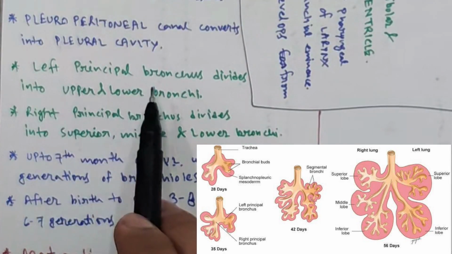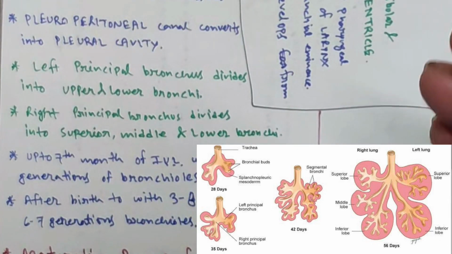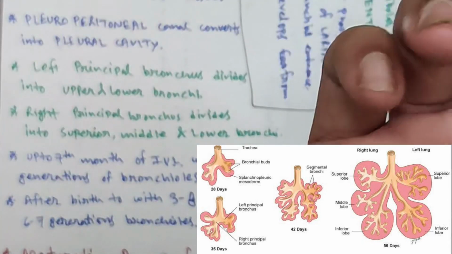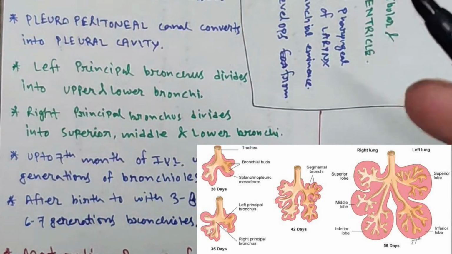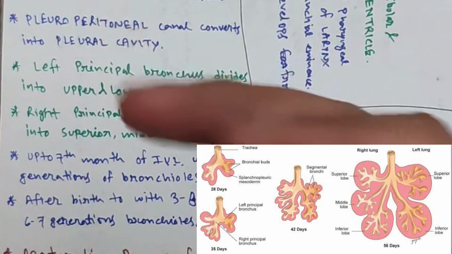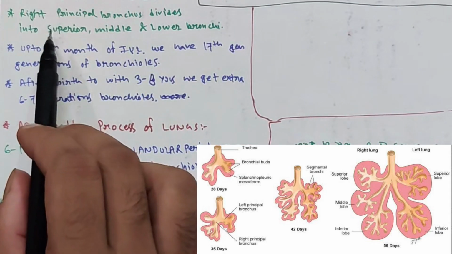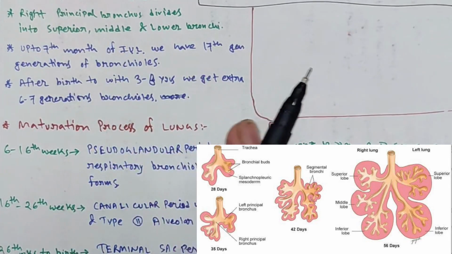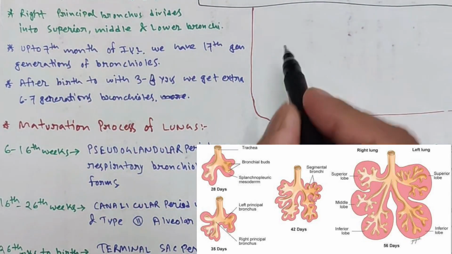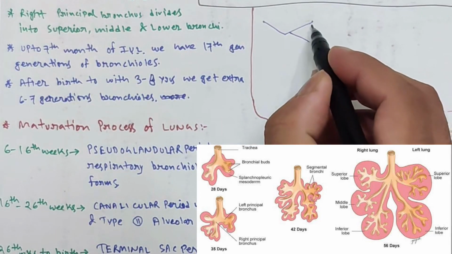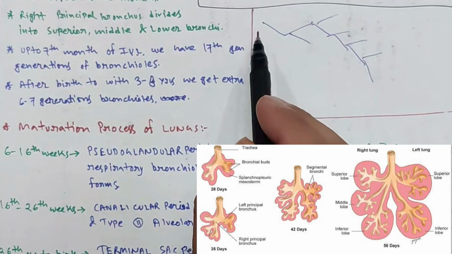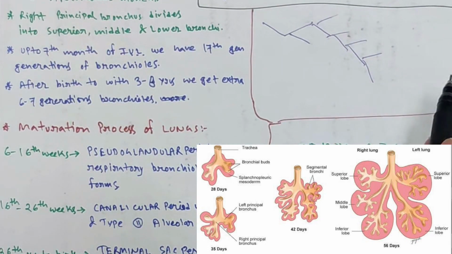Now, the left principal bronchus divides into upper and lower bronchi, and the right one divides into superior, middle, and lower bronchi, because the right lung has 3 lobes and the left lung has 2 lobes. After formation of these secondary bronchi, within a few months, these bronchioles again give multiple branches, one after another, after another.